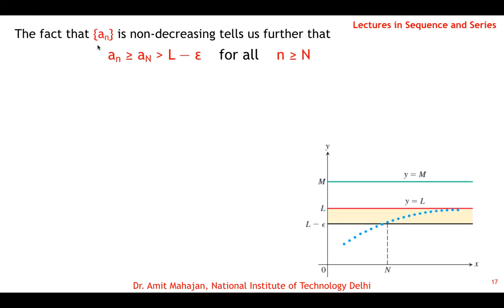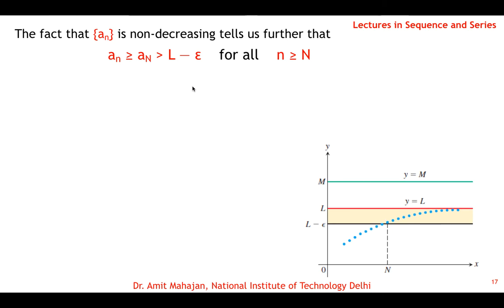The fact that the sequence a_n is non-decreasing further tells us from the second condition that a_(n+1) must be greater than or equal to a_n. That's how the non-decreasing definition is, and because a_N is greater than L minus epsilon, for all n greater than or equal to capital N this holds. So for all n beyond this, all the a_n must be greater than a_N, and that is greater than the L minus epsilon line.